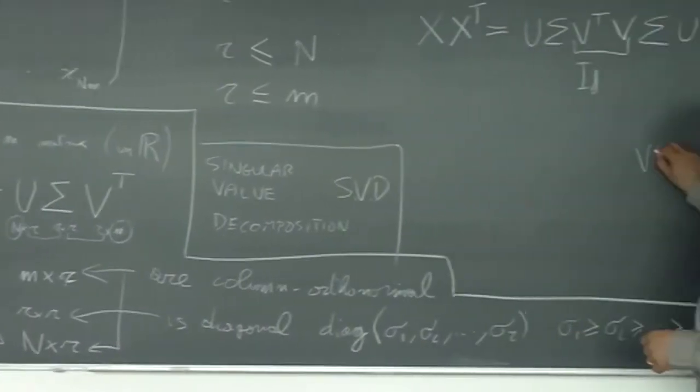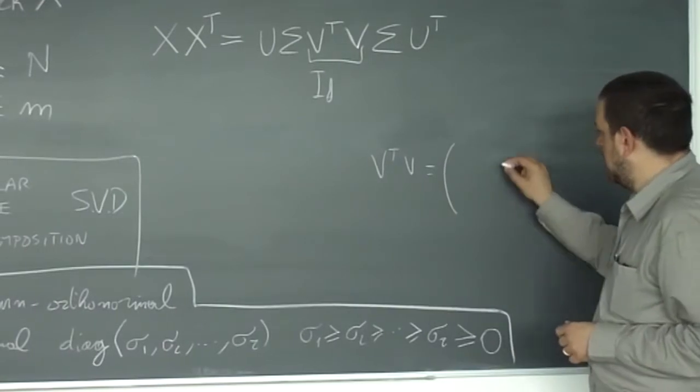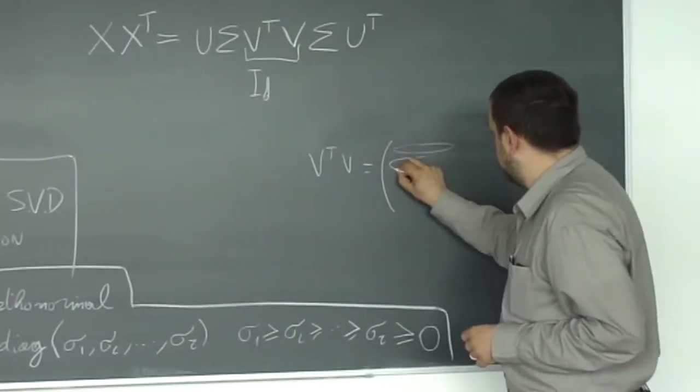U transpose U is equal to, okay, here are the rows.